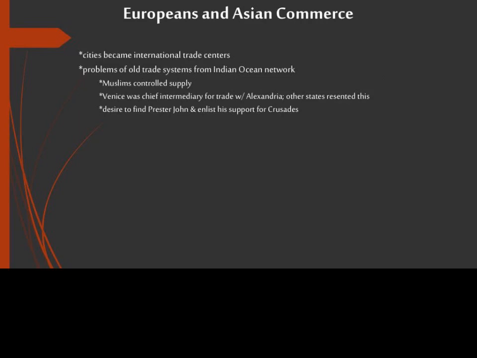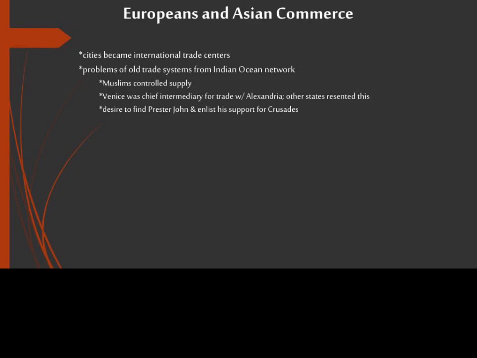Even the problems of the old trade systems from the Indian Ocean network began to show. Muslims controlled the supply, which wasn't good for Europeans. Venice in Italy was a chief intermediary for the trade with Alexandria in Egypt, and many of the other states in Europe resented that because the Venetians became very wealthy as the middlemen, and because they controlled the trade, they could charge the prices they wanted.